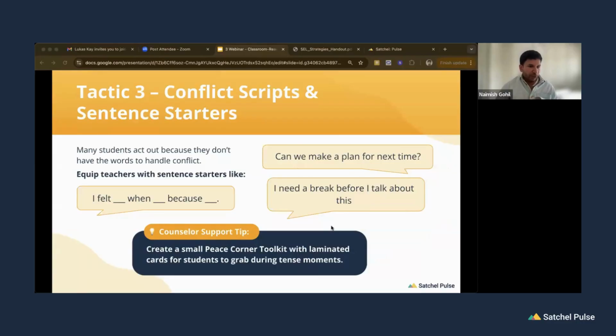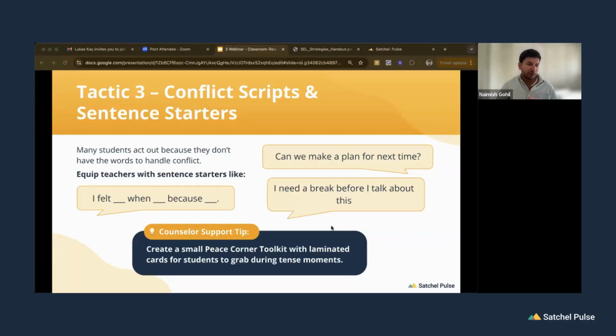So, equipping teachers with sentence starters, and these could be little flashcards, is particularly helpful for middle schools, grade six, where having these to hand and being able to share them with classroom teachers can really make a difference. And it will certainly save classroom teachers time.